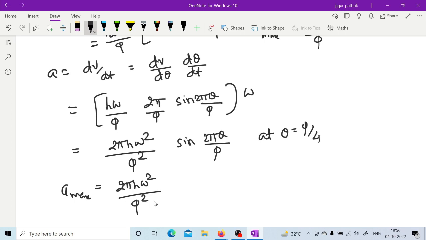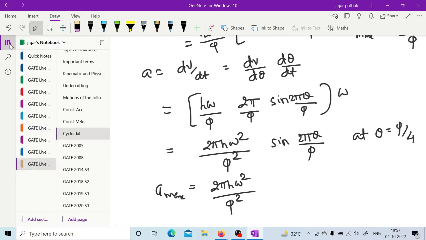So this is how you are having this various types of cams, then various types of followers, then what are the basic terms in cam, then this different types of motion of follower, right? So once you have idea about all this, you can attempt some of the questions, right, from GATE previous year.